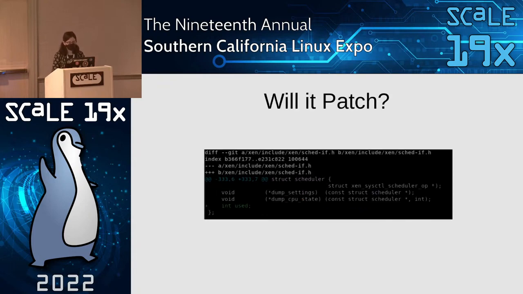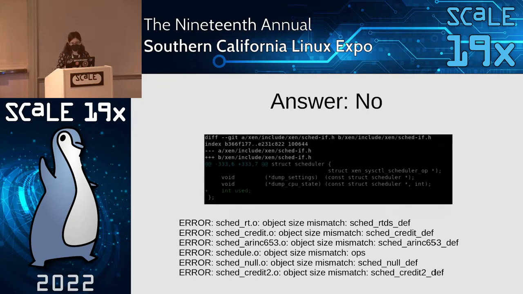And then adding on to a structure, and there are statically declared instances of it. Will it patch? So again, the answer is no. That's because of an object size mismatch.